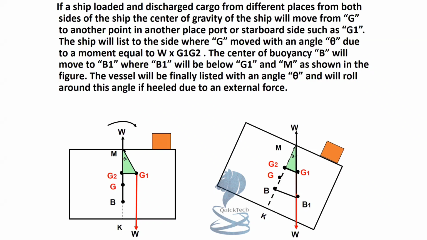So the vessel will finally be listed with this angle theta, and the center of buoyancy acting from point B1 will be pushing upwards and W displacement pushing the vessel downwards, keeping it in this listed condition. Now the vessel will roll around this angle theta if heeled due to any external forces.